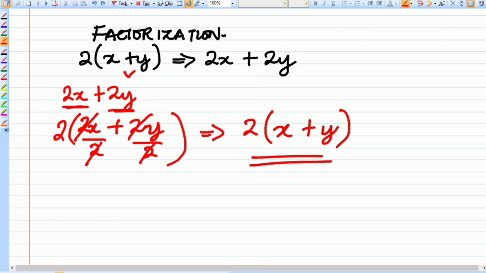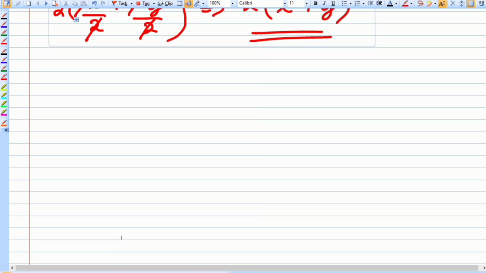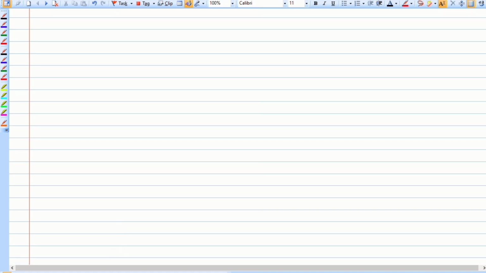Okay, so let's try another example. What if we're given 2x raised to the power 2 times y plus 6xy, and we are asked to factorize. Again, we're going to look through the terms and look for common terms, which will now be our common factor.